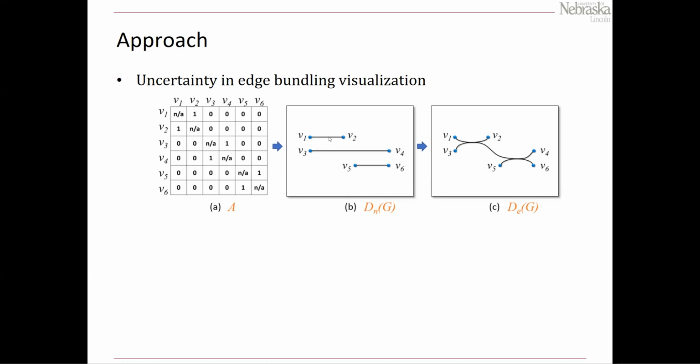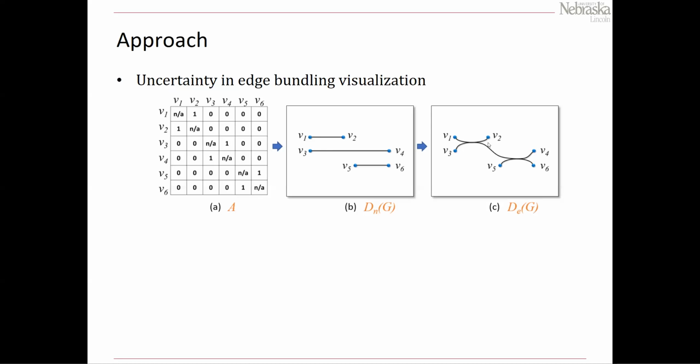We can see there are 6 vertices, and we can easily see the connections between the vertices. Then we apply the edge bundling algorithm. Assume C is the edge bundling result we generate from this node-link diagram by bundling the different edges together. This leads to some ambiguity in understanding the graph. In B, clearly there is an edge between V1 and V2, and no edge between V3 and V2.